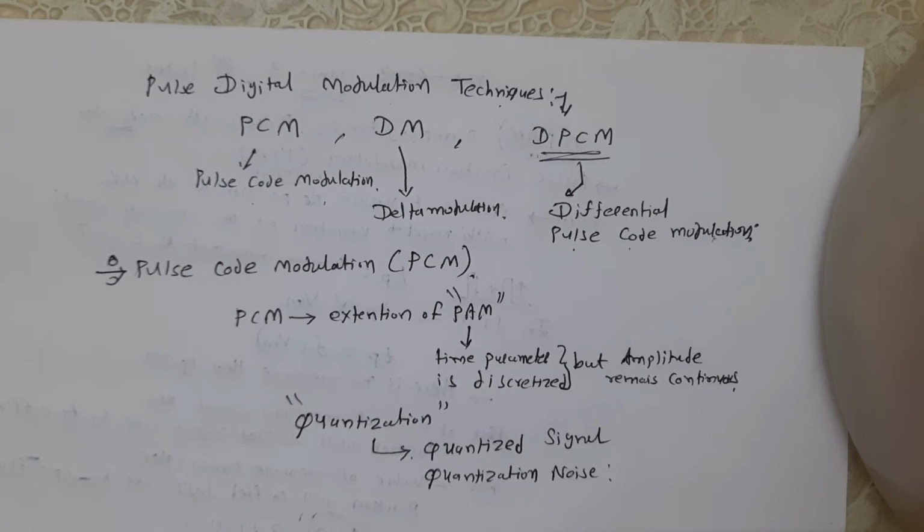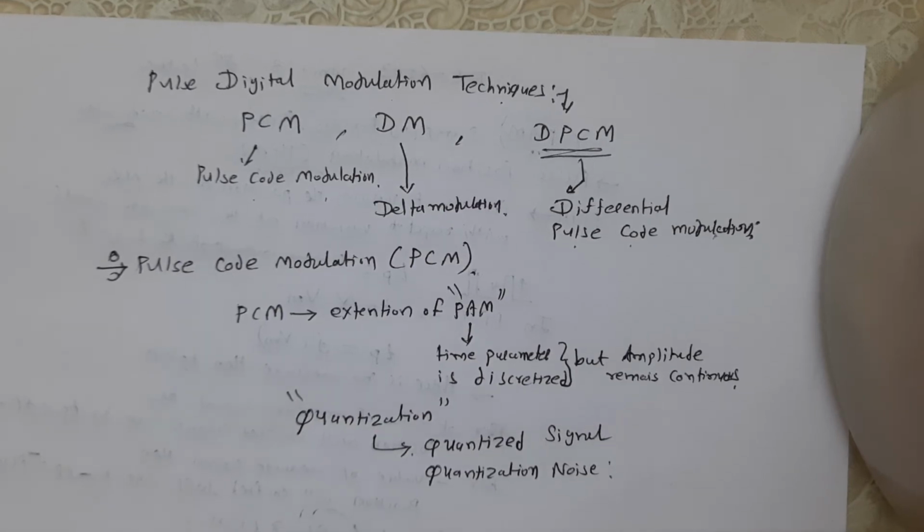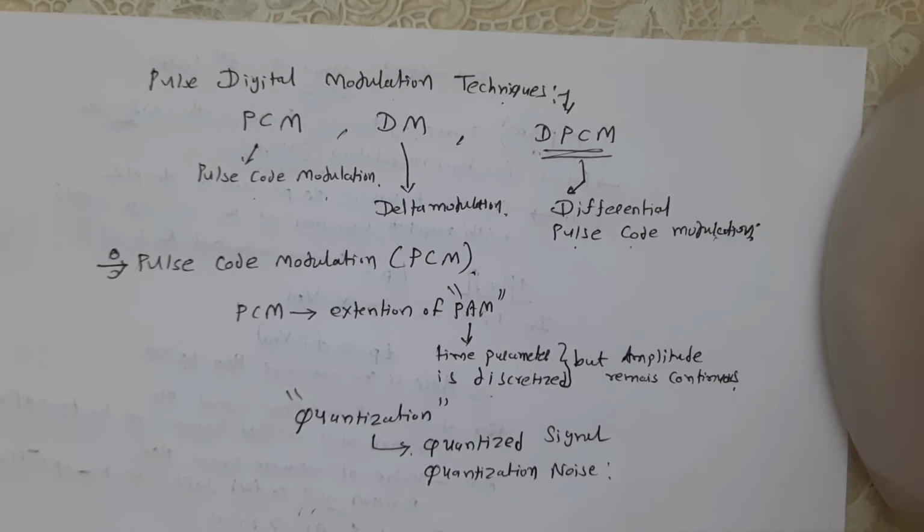The quantization can be carried out either by dividing the whole amplitude range into uniform or non-uniform intervals. Accordingly, we have uniform and non-uniform quantization.